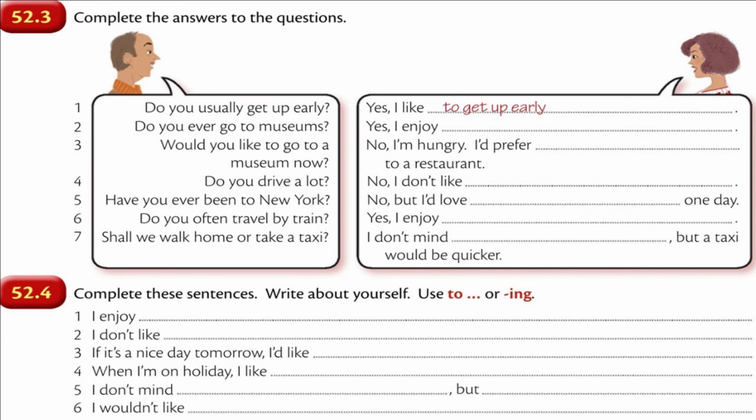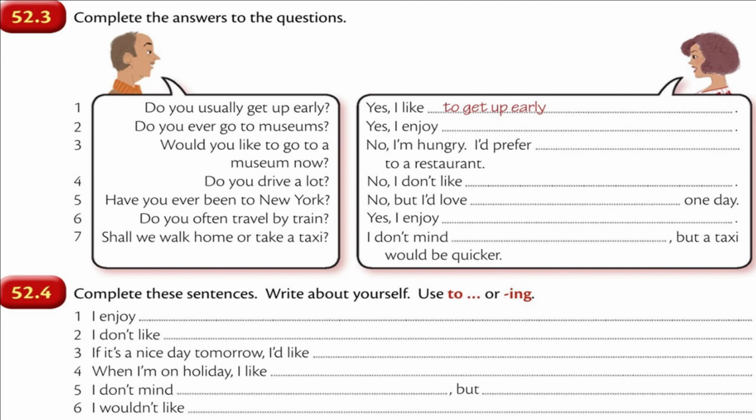52.4. Complete these sentences. Write about yourself. Use to or ing. Number 1. I enjoy cooking. Number 2. I don't like studying. Number 3.